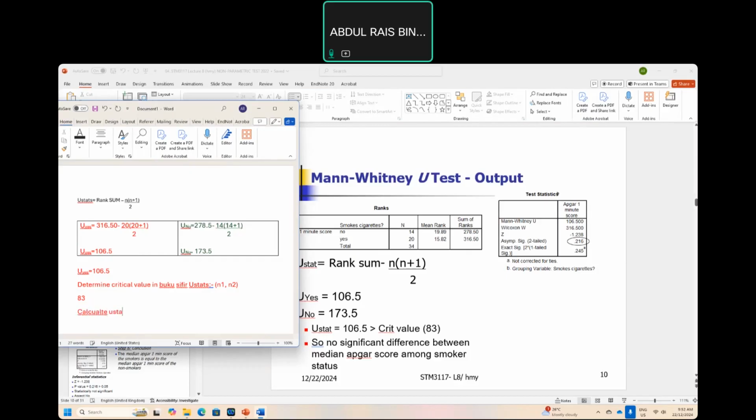Calculated U stats, lowest group, versus critical value.